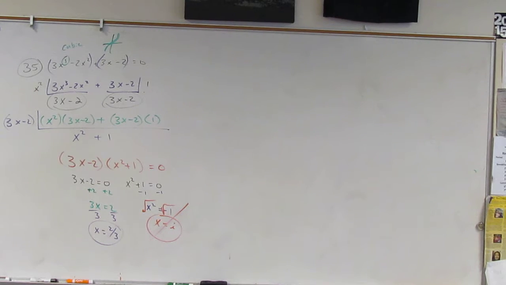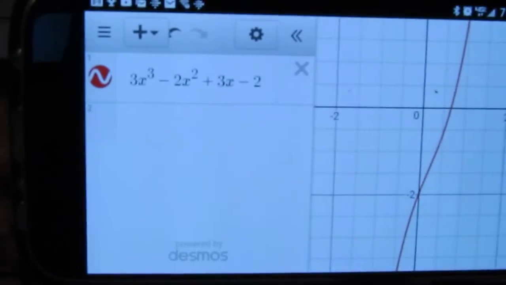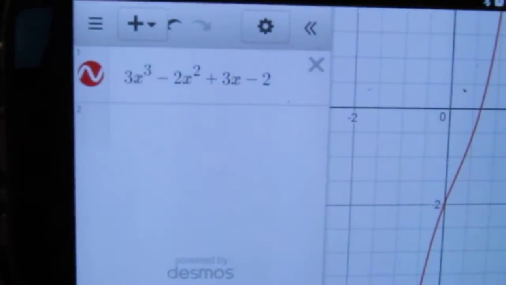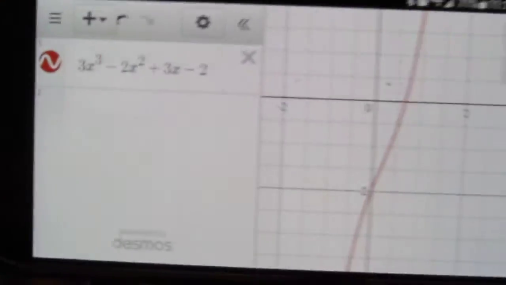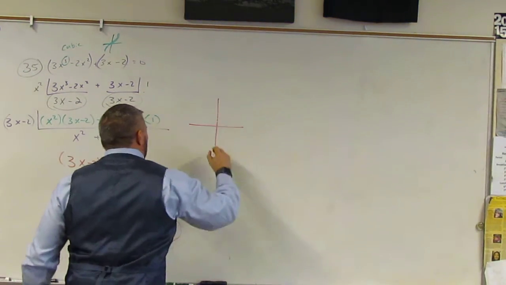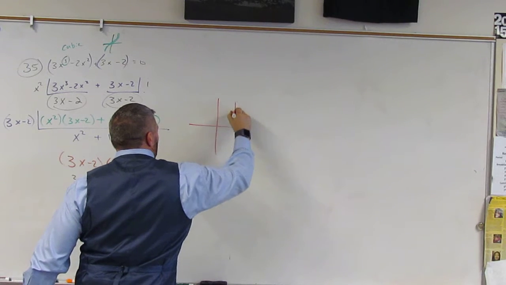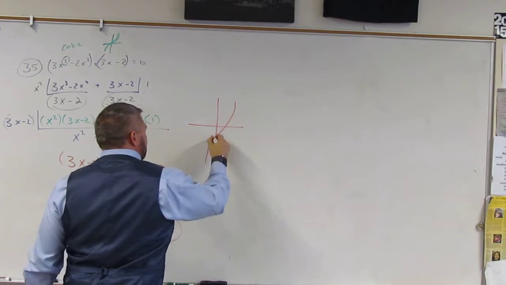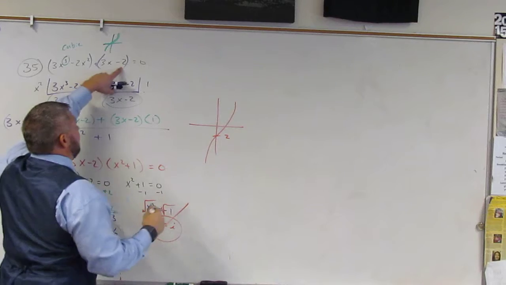And what they want you to do is graph it. So you graph it on this graphing calculator. And you can see where it crosses the x-axis. And if you trace it, it'll tell you it crosses at 0.66666. So when you get that crossing, this is at -2.